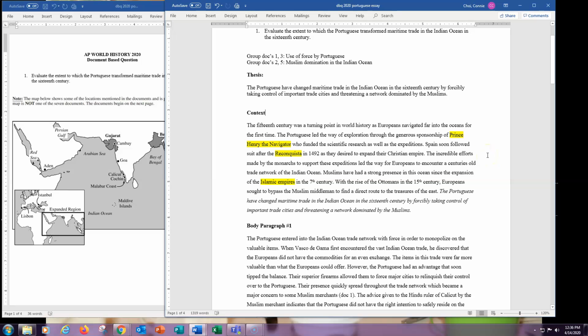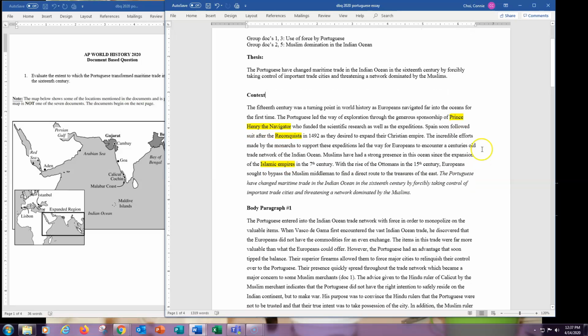The incredible efforts made by the monarchs to support these expeditions led the way for Europeans to encounter a centuries-old trade network of the Indian Ocean. Muslims have had a strong presence in this ocean since the expansion of the Islamic empires in the 7th century. With the rise of the Ottomans in the 15th century, Europeans sought to bypass the Muslim middleman to find a direct route to the riches of the East.